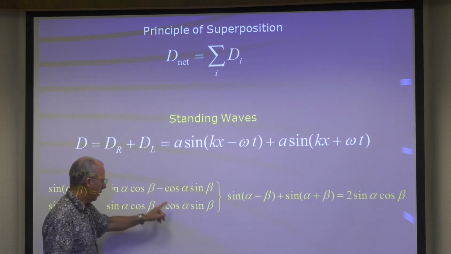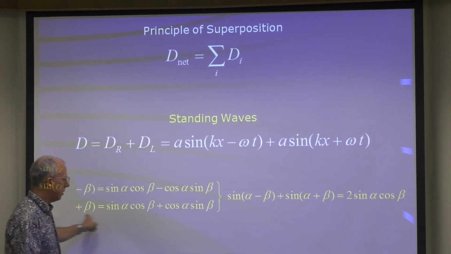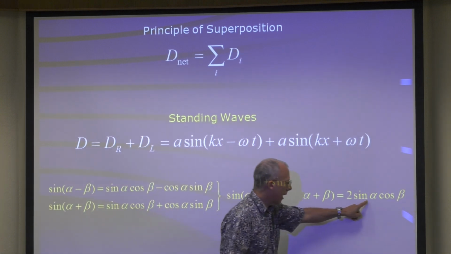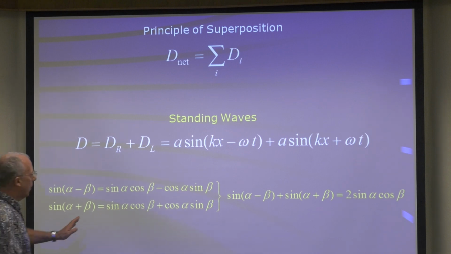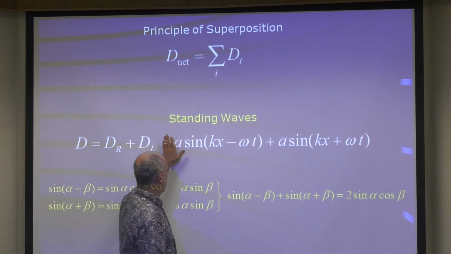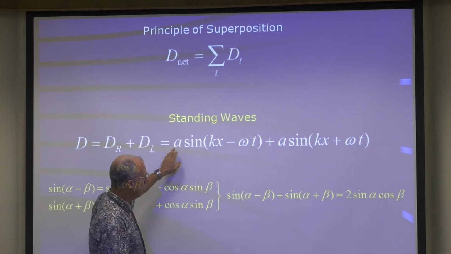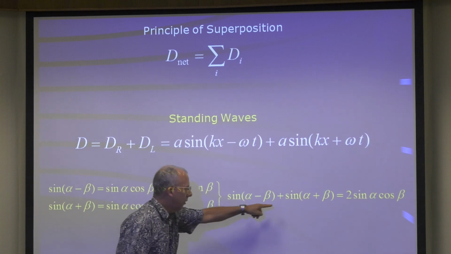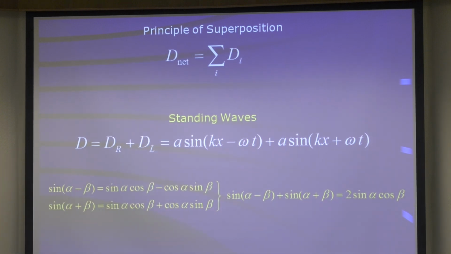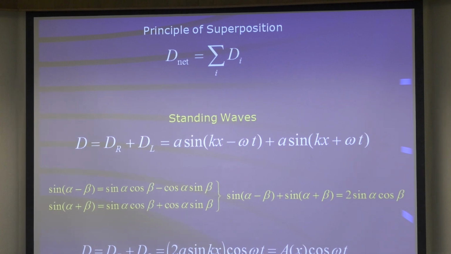This cancels, right? Because here's a minus sign, here's a plus sign. So this added to this gives you 2 sine alpha cos beta. Make sure you understand that. Go through it. So this should just be 2A sine kx cos omega t, just by using those addition and subtraction formulas.